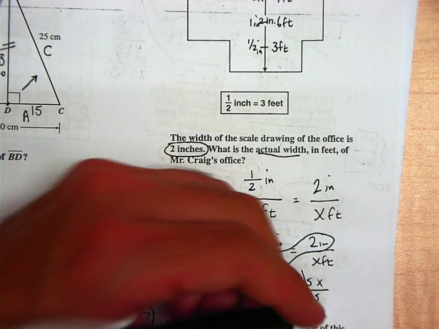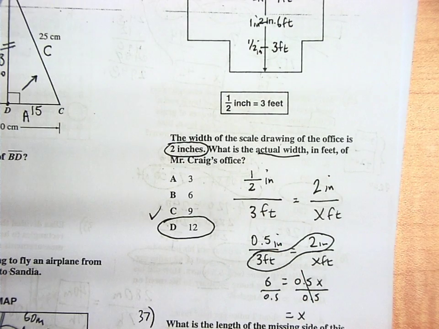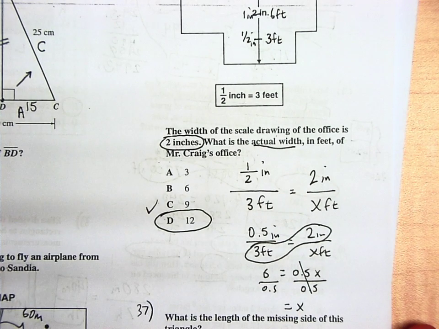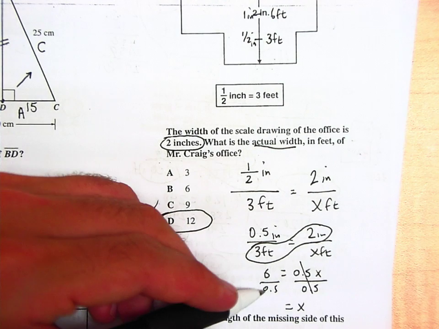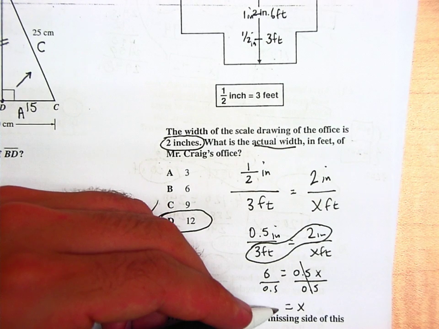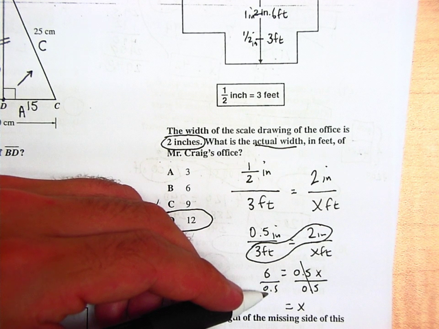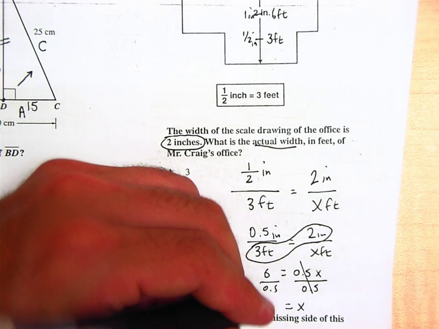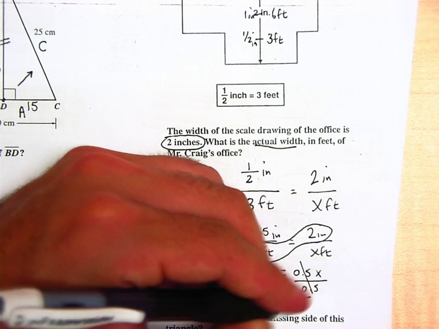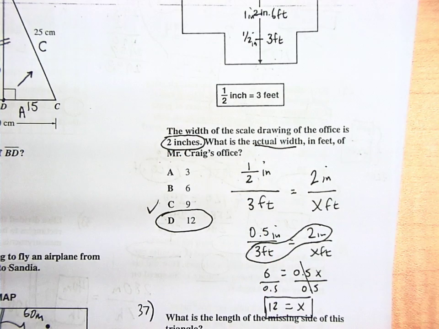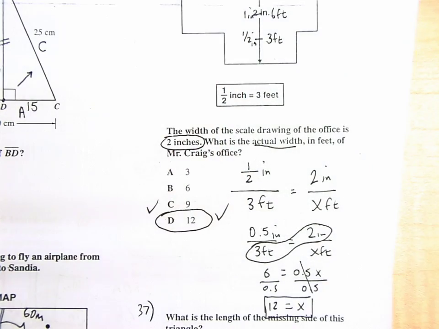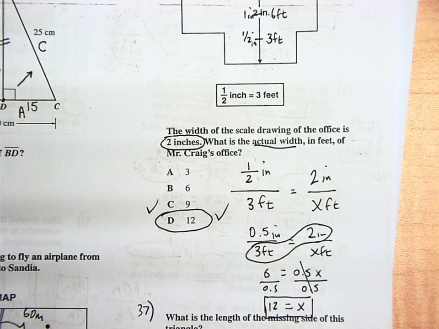My 0.5's cancel out, and x is equal to 6 divided by 0.5. So if I divide 6 divided by 2, it would equal 3. It would get smaller. If I divide 6 by 0.5 or divide 6 by half, it's actually going to get bigger. And 6 divided by 0.5 is 12. And so either way I do it, I can see that in the real world it's going to be 12 feet.